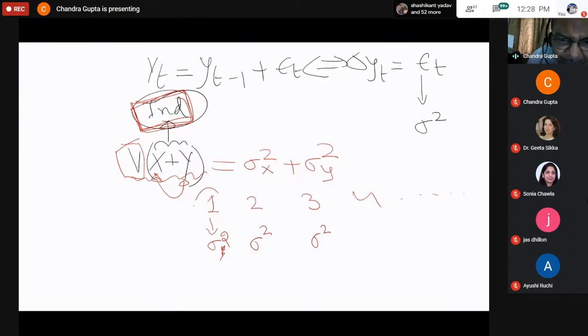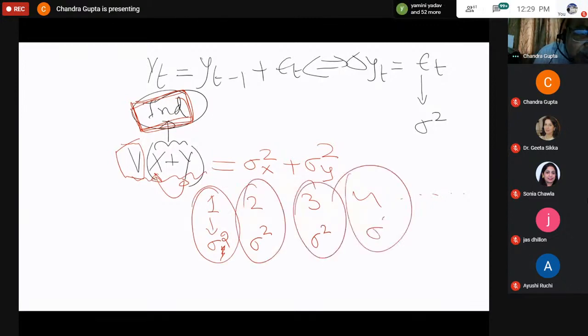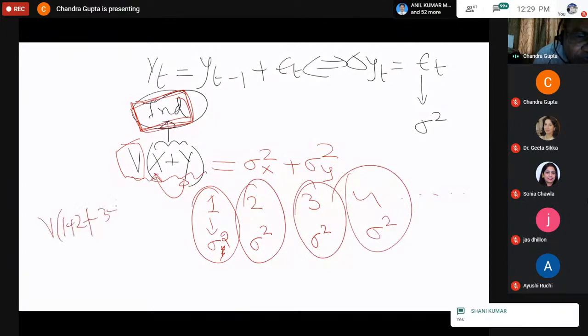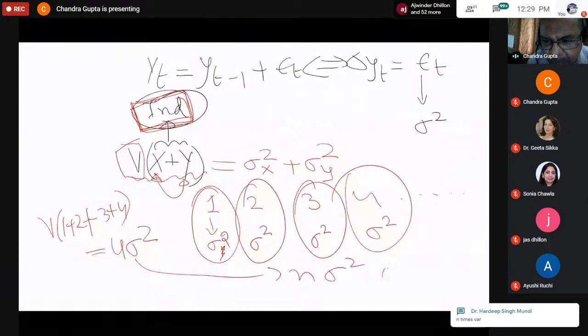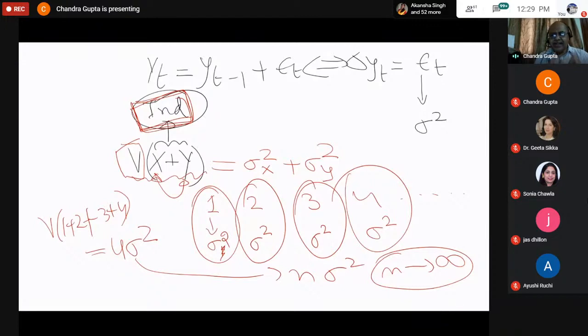So every period has the same variance. So what is the variance of lag 1 plus 2 plus 3 plus 4? You will say this is equal to 4 times sigma square. And if you generalize it, you will get n sigma square. And when n tends to infinity, variance explodes. And that makes the series a non-stationary series.